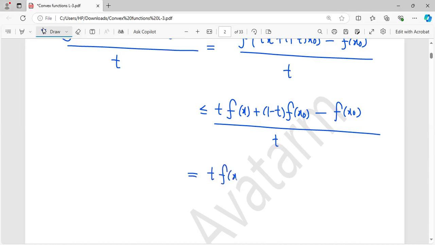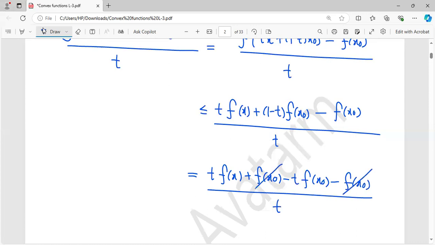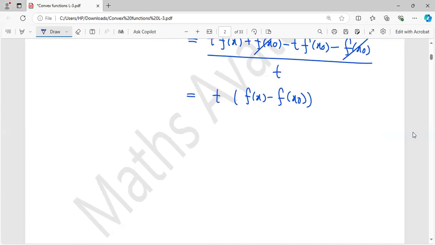This is T f x plus f x naught minus T f x naught minus f x naught upon T. Take T common, upon T. So T cancels out. So this is f x minus f x naught.